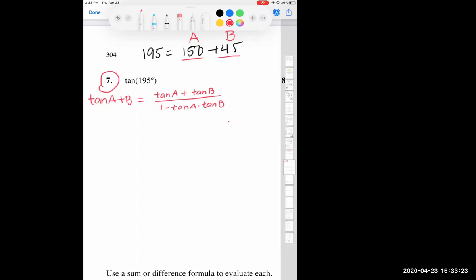Okay, 150 is in quadrant 2, so tangent will be negative.